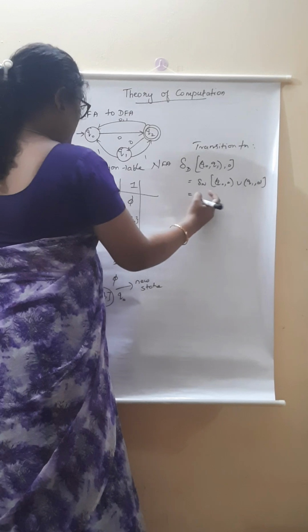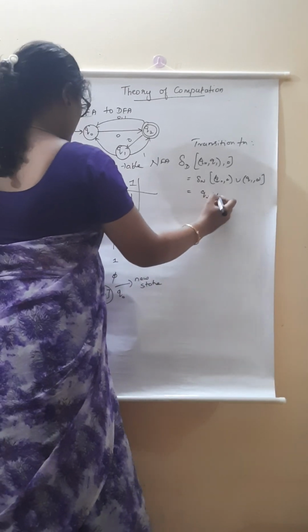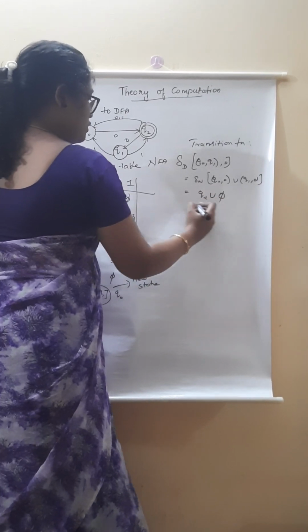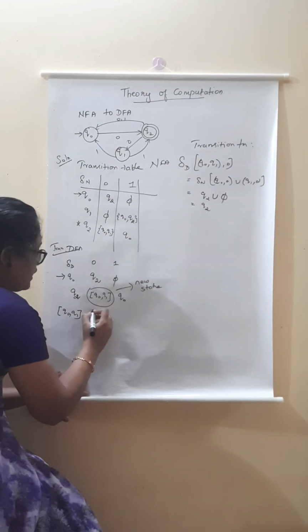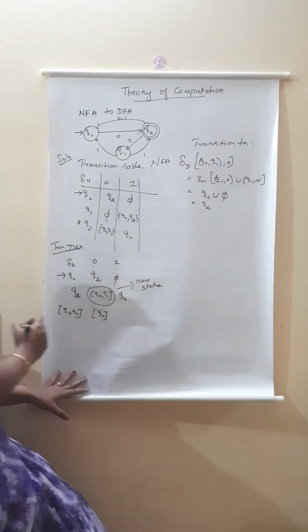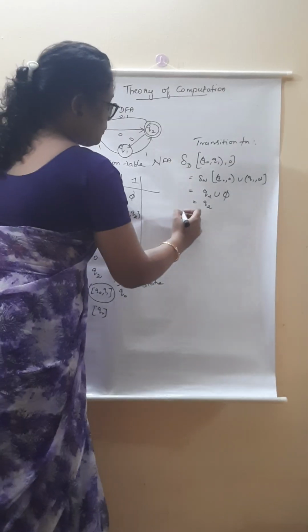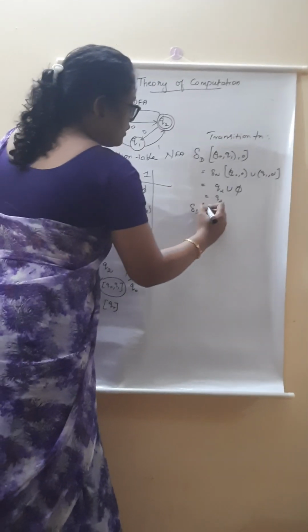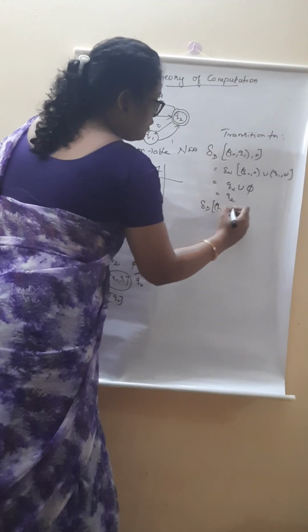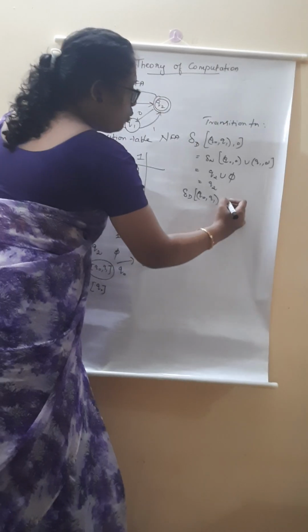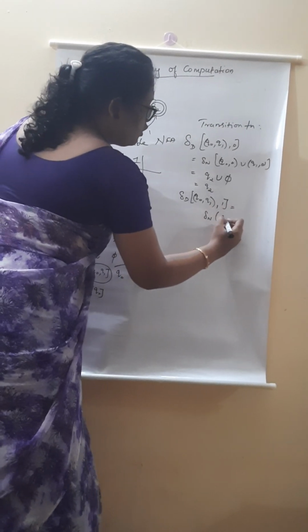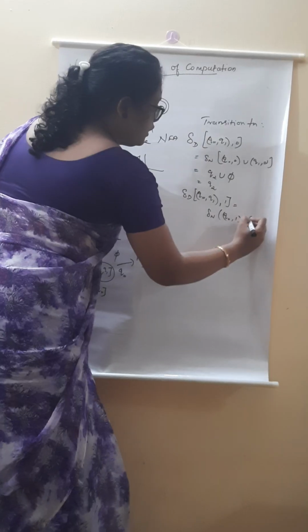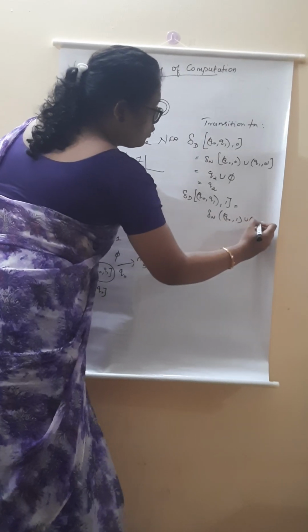So what will be Q0 comma 0? It is Q2, union Q1 comma 0, it is phi. So you will be getting Q2. So you have to include here Q2. So then you have to write with respect to 1. So delta D of Q0 comma Q1 with respect to 1. So you will be having delta N of Q0 comma 1 union Q1 comma 1.